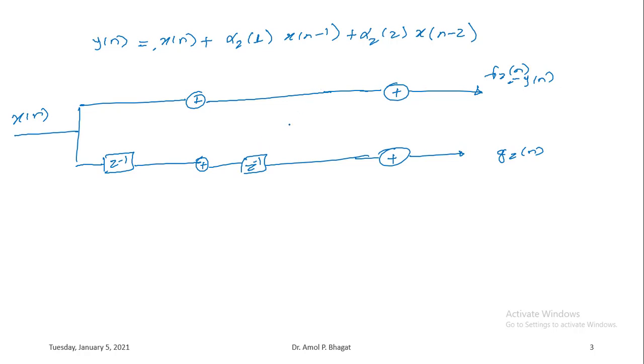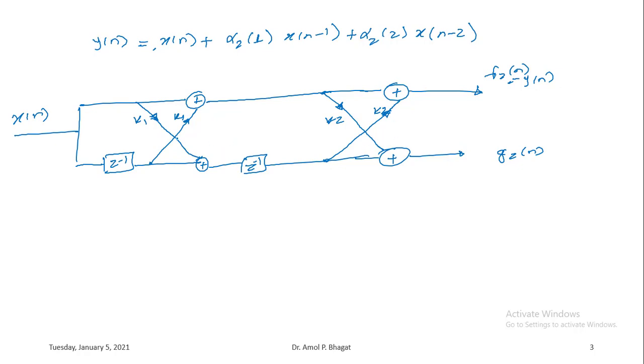Right, here in first stage, the lattice structure coefficient will be k1, right? Here in second stage, the lattice structure coefficient can be denoted as k2. Okay.